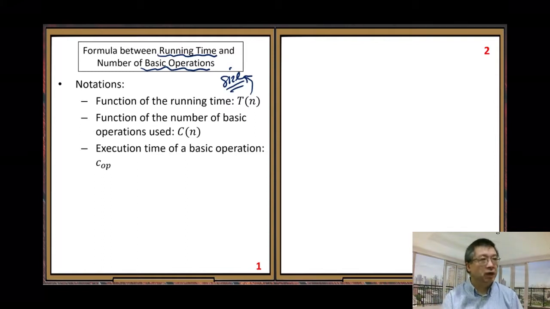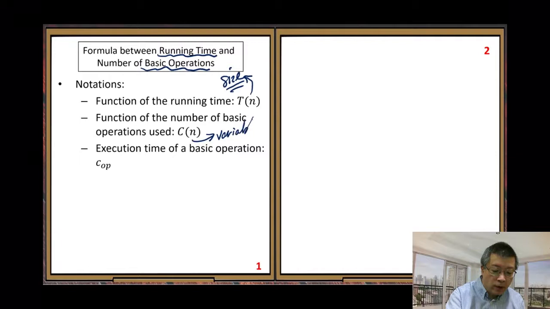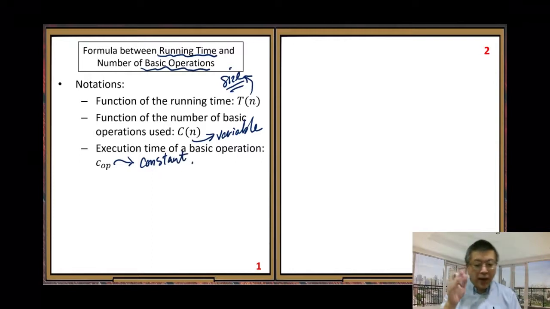If we change to a different machine, that constant will change. But in our discussion, we assume it is constant. It does not change. We can change the problem size, so that is a variable, but this is constant. All right, now let us look at the formula.